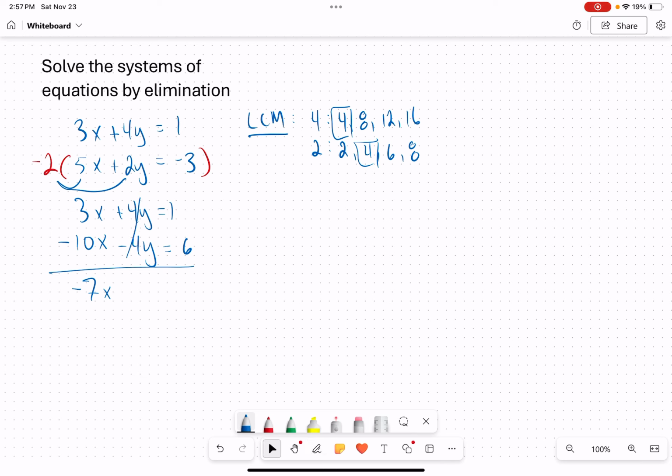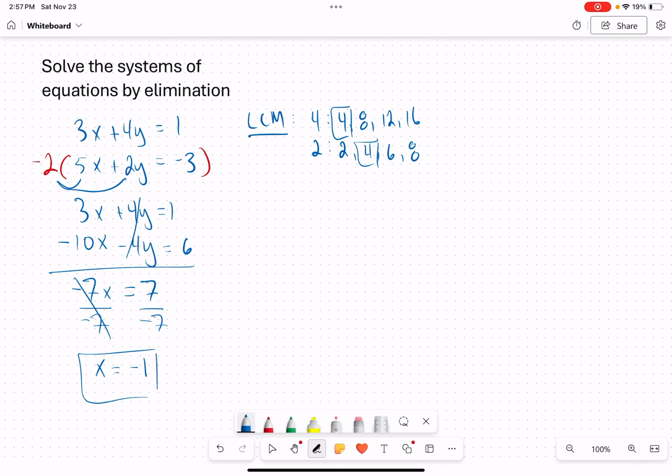It becomes 0. And 1 plus 6 is 7. And we divide to isolate the variable. Divide by -7. And we're going to get x is equal to -1. Okay, so we've gotten a value for x. Now all we need to do is find a value for y.